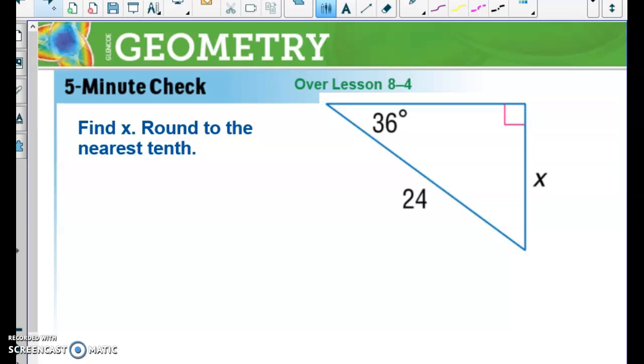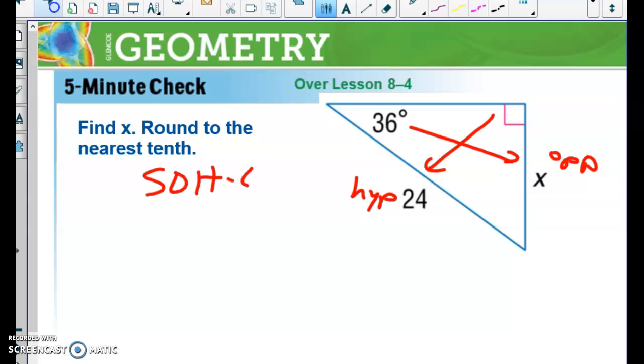Another review question here says, if we're finding x, well, we know that x is opposite of the angle that we're talking about, and this, because it's opposite the right angle, is the hypotenuse. And so we know that because of SOHCAHTOA, we have the opposite and the hypotenuse.